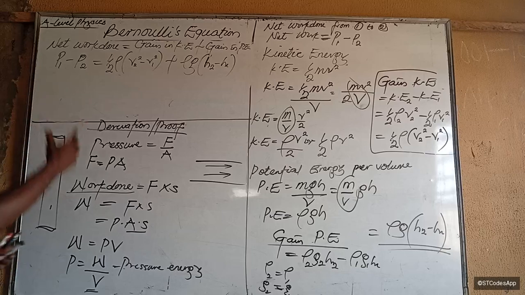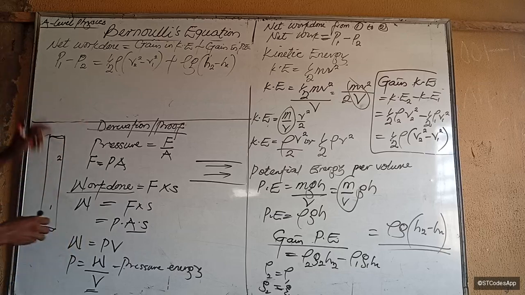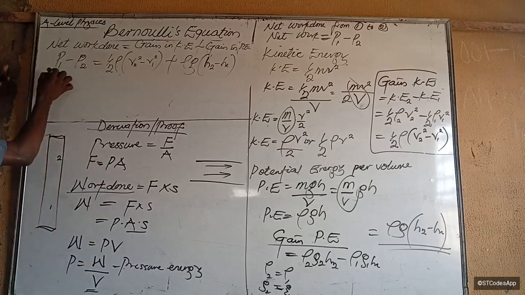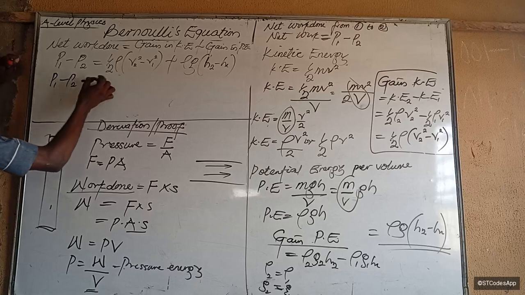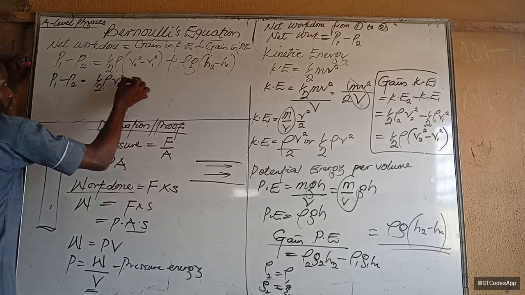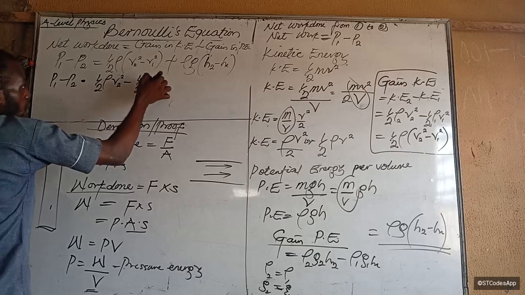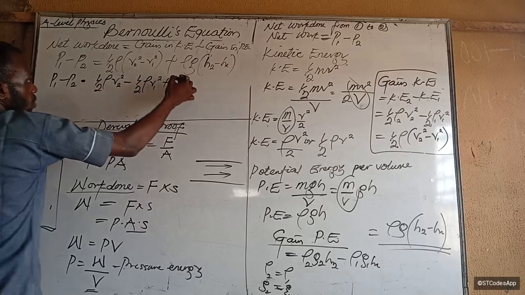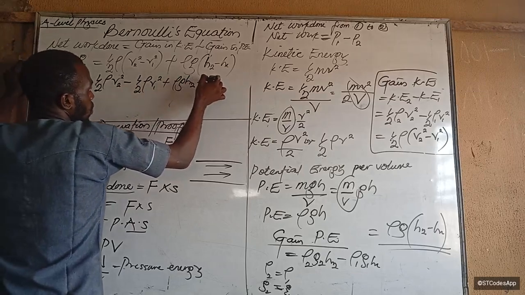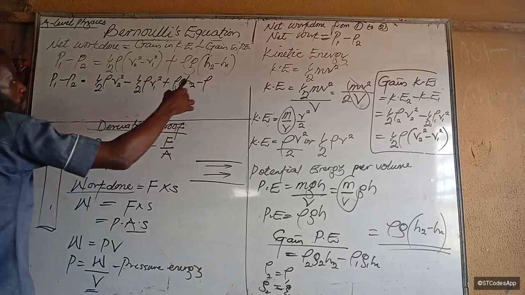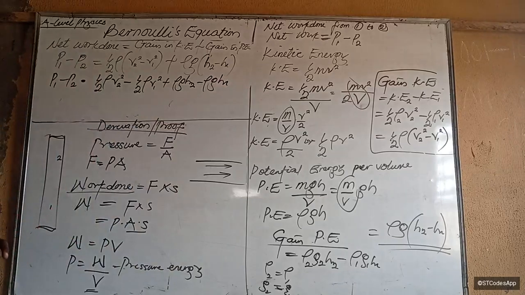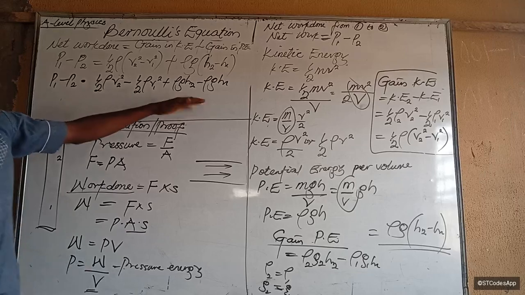If this is the case, then we can now express it in full such that P1 minus P2 is equal to half rho V2 squared minus half rho V1 squared plus rho g h2 minus rho g h1.